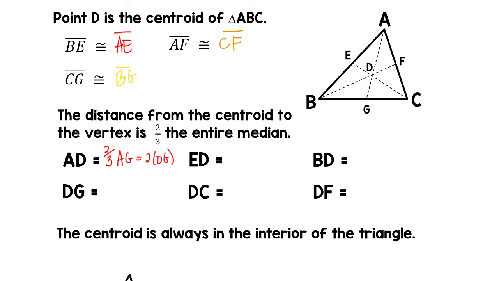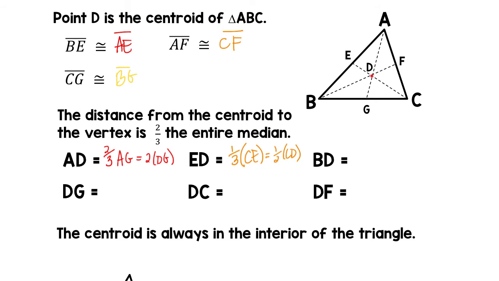Let's look at another one. ED is the short part from the centroid to the side. So that is 1/3 of the entire median, CE. That also means that's half the length of CD.